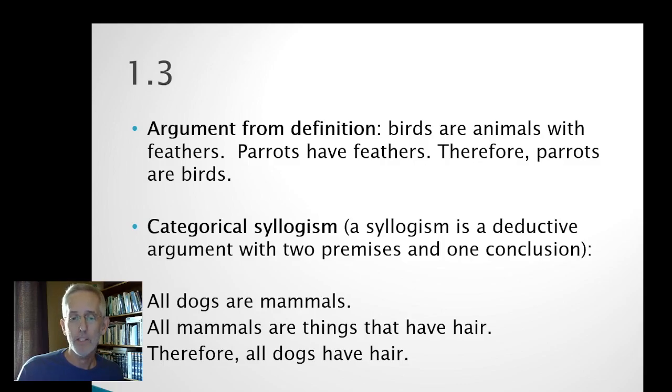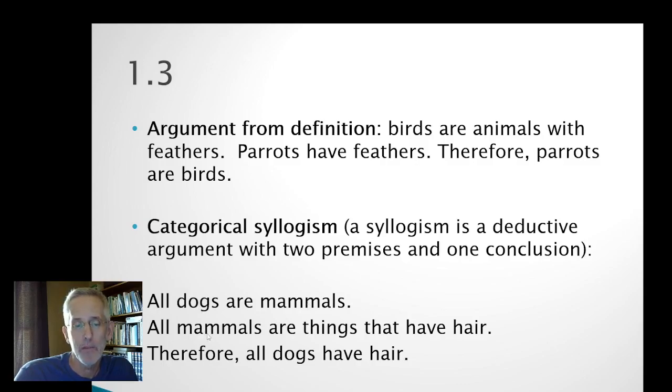It would be impossible for you to believe that the two premises are true, all dogs are mammals and all mammals are things that have hair, and reject the claim that all dogs have hair. Now, this is called a categorical syllogism because if you look at the two premises, all dogs are mammals and all mammals are things that have hair, what's going on is those premises are relating categories of things. The category of things that are dogs to the category of things that are mammals.